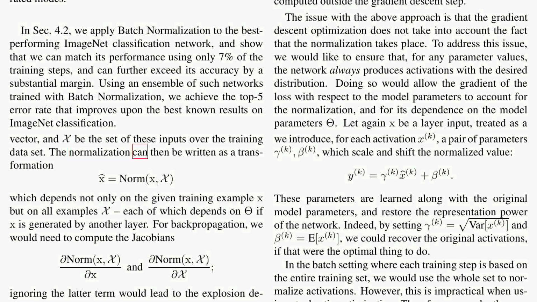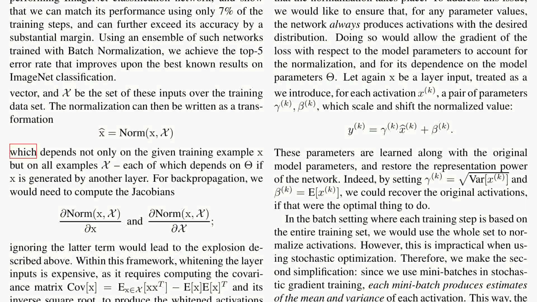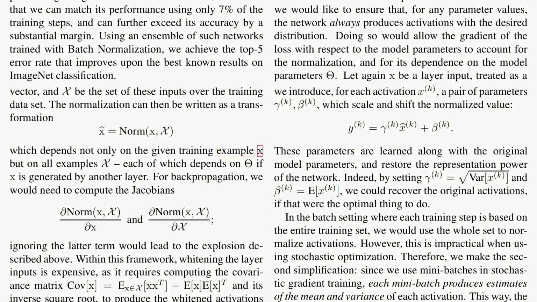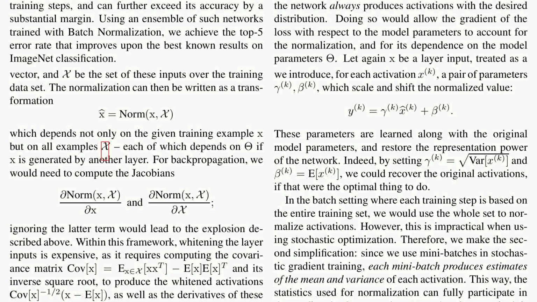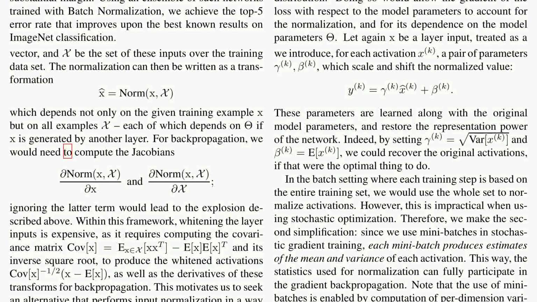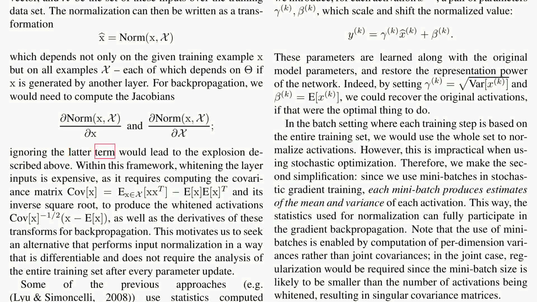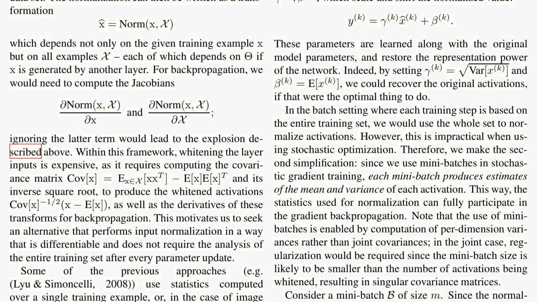The normalization can then be written as a transformation x̂ = Norm(x, X), which depends not only on the given training example x but on all examples X, each of which depends on θ if x is generated by another layer. For backpropagation, we would need to compute the Jacobians ∂Norm(x, X)/∂x and ∂Norm(x, X)/∂X. Ignoring the latter term would lead to the explosion described above.